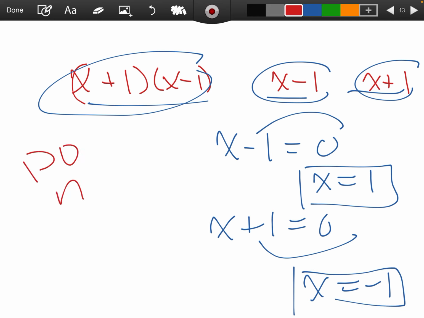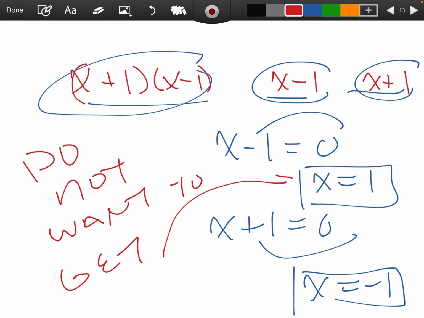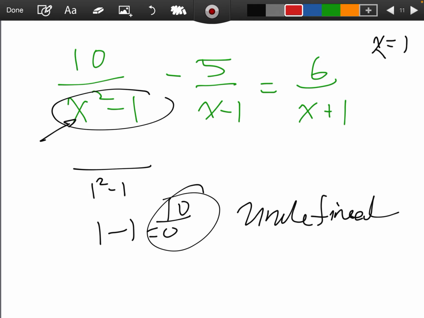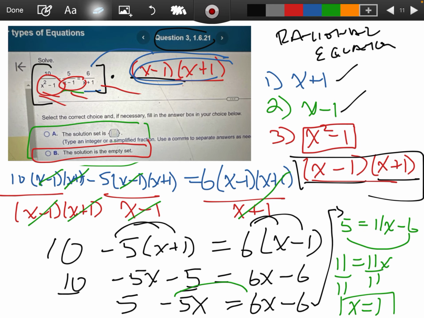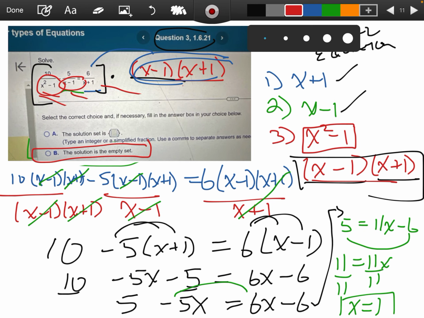I do not want to get these two numbers. And if I get one of those two numbers, y'all, then we're going to say, hey, you know what our answer is? Our answer is the empty set.